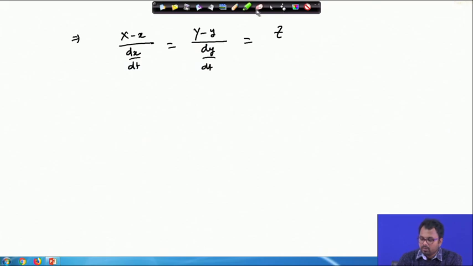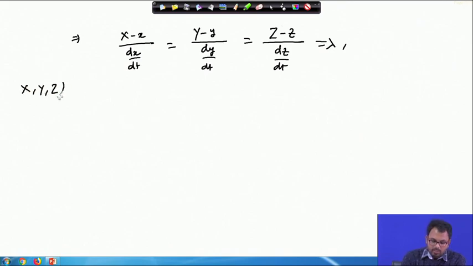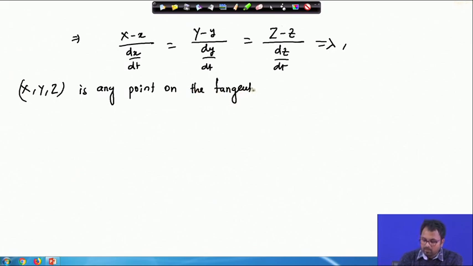So, ultimately we will obtain capital X minus small x by dx dt, capital Y minus small y by dy dt, and capital Z minus small z by dz dt equals lambda, and here capital X, capital Y and capital Z is any point on the tangent line at small p x, y, z.